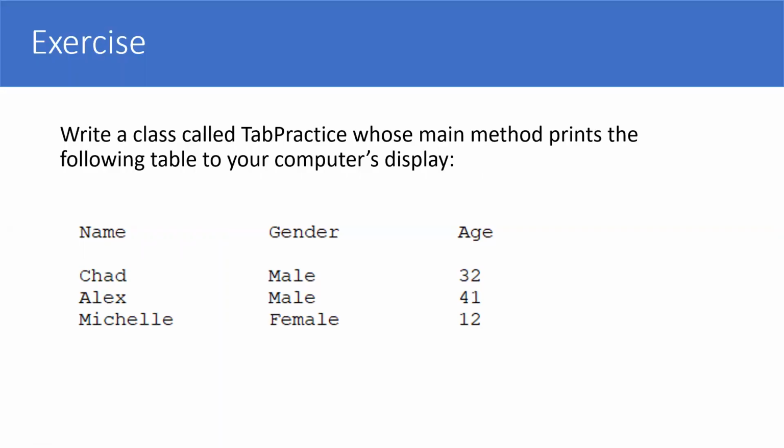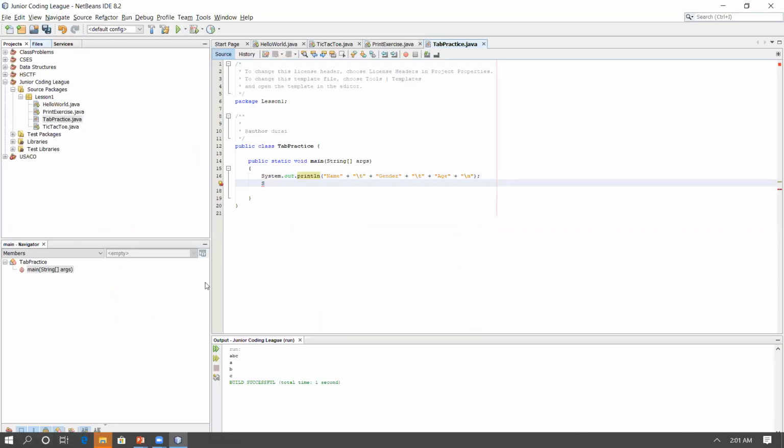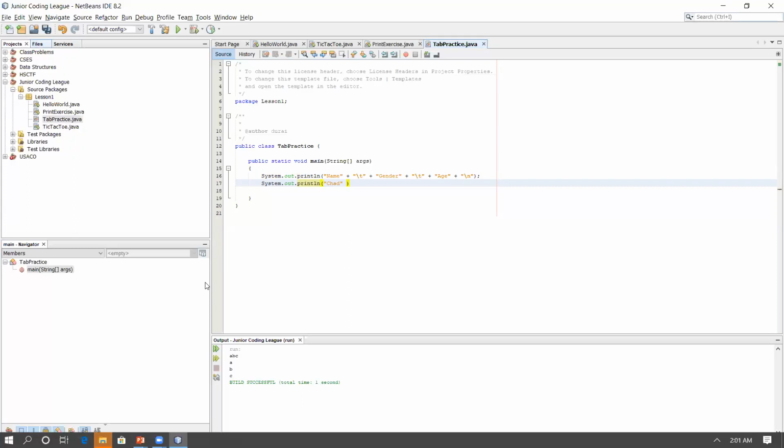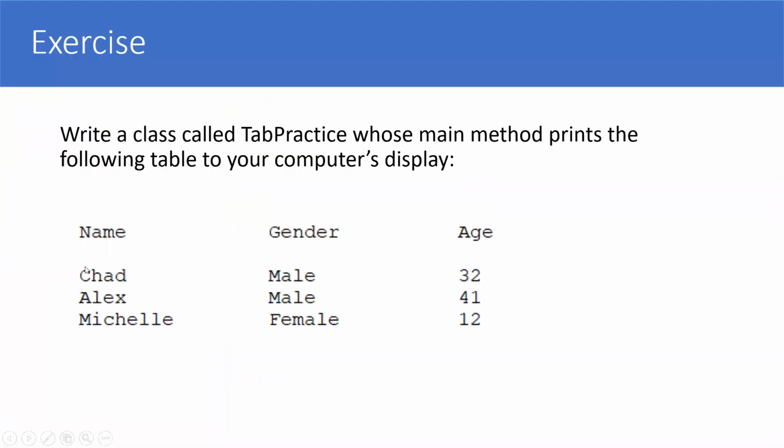Now let's move on to adding the names, the genders, and the ages. Remember, you want to include tabs between Chad, male, and 32.